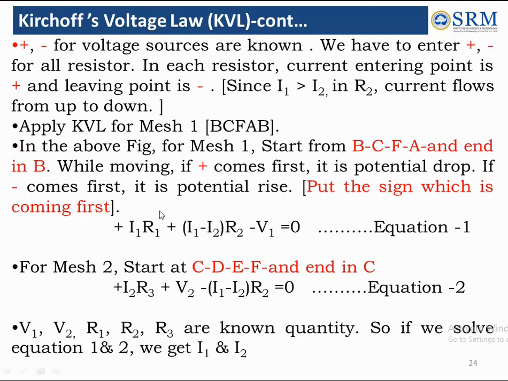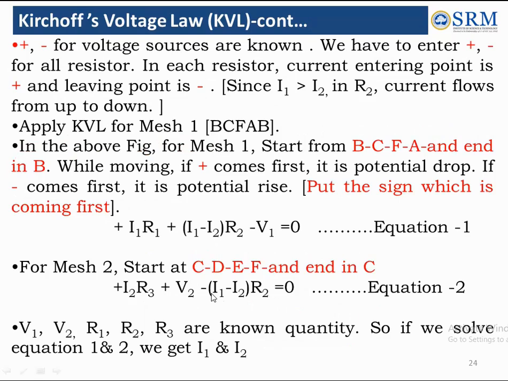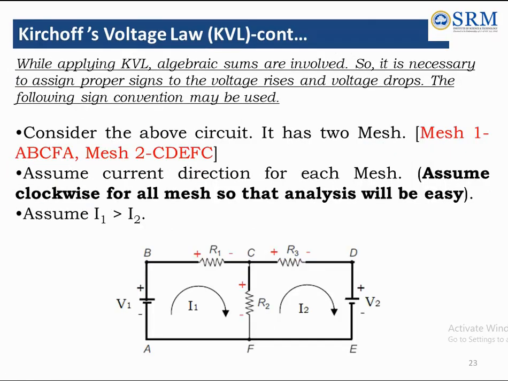The algebraic sum of the voltages across any mesh in a circuit is 0. We first apply it for the first mesh A, B, C, F, A. What is the current entering? I1.